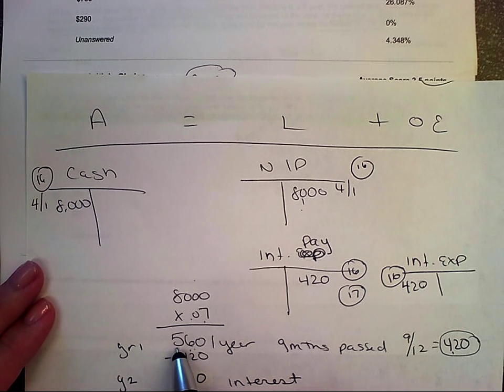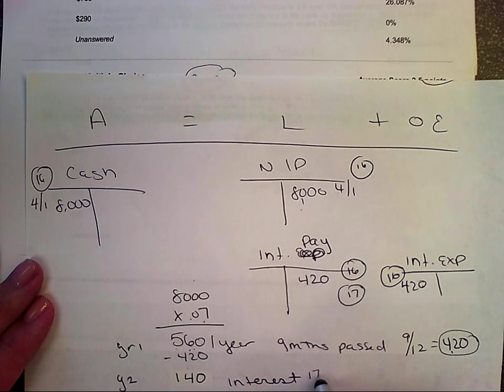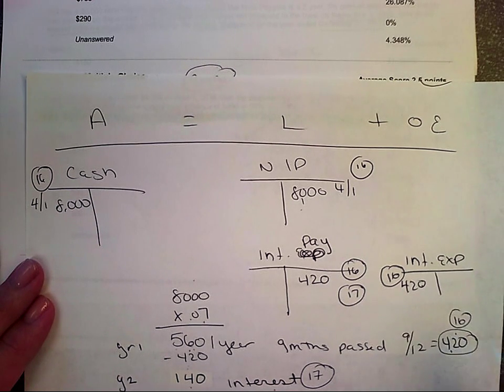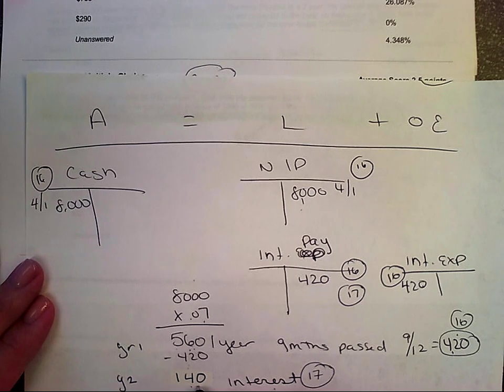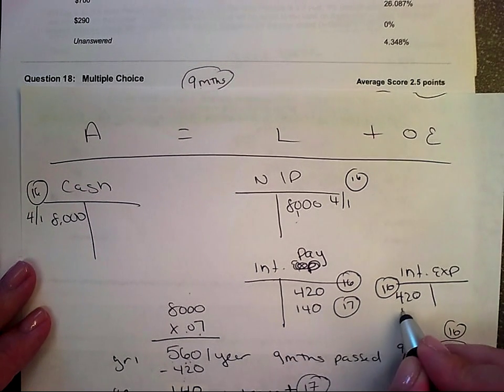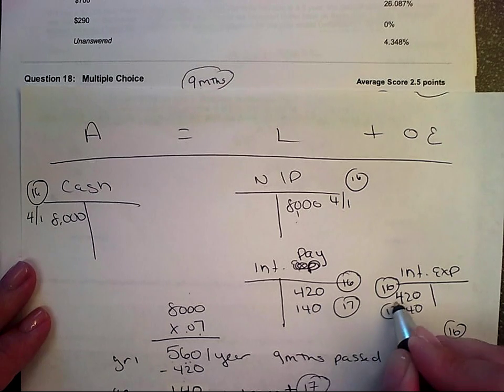The additional between these two is 140 in actual expense in 17. So my only interest expense in 17 is 140. Expense in 16 is 420. Expense in 17 is 140. So I would have accrued 140 in 17.